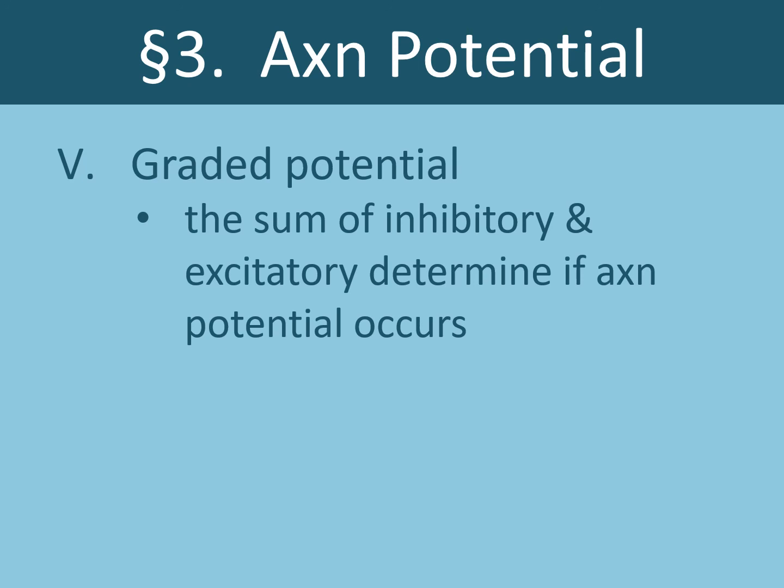So if the excitatory signals outweigh the inhibitory signals and enough positive ions flow in, that'll trigger those voltage-gated sodium channels to open in the initial segment of an axon, and then an action potential occurs. But if the excitatory signals are overwhelmed by inhibitory signals, then the inside might become hyperpolarized, and this causes a blockage or will stop action potentials from occurring.